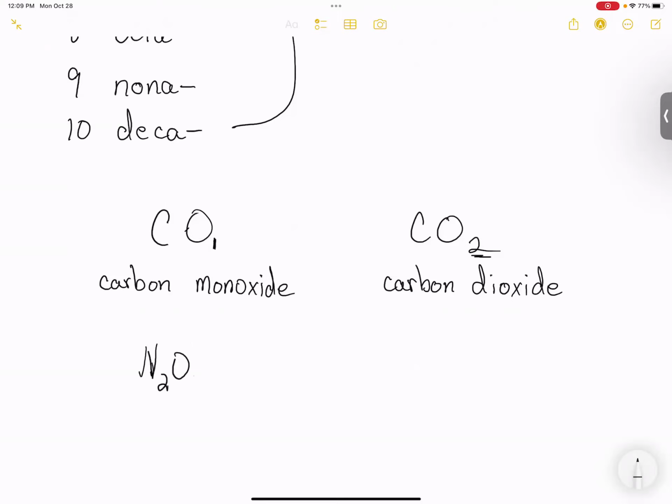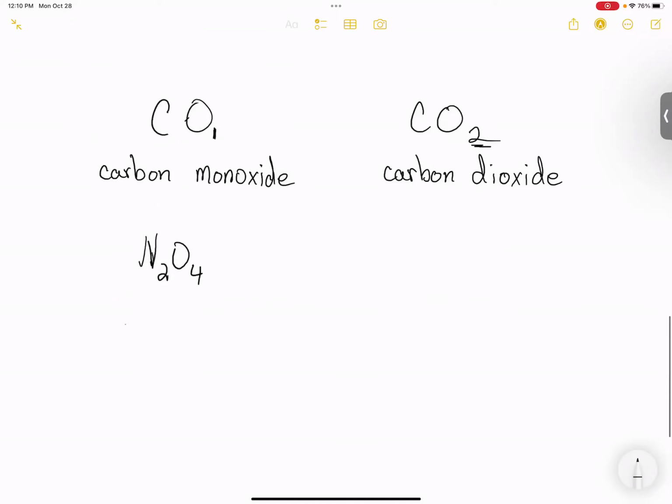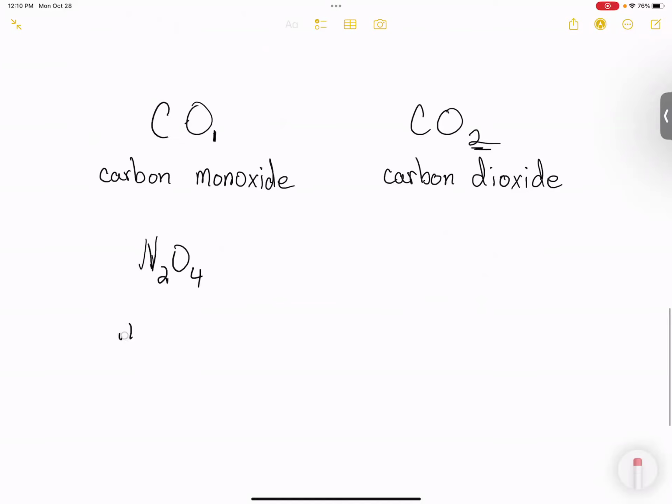Let's look at N2O4. To name this compound, it's nitrogen, and it's oxide.